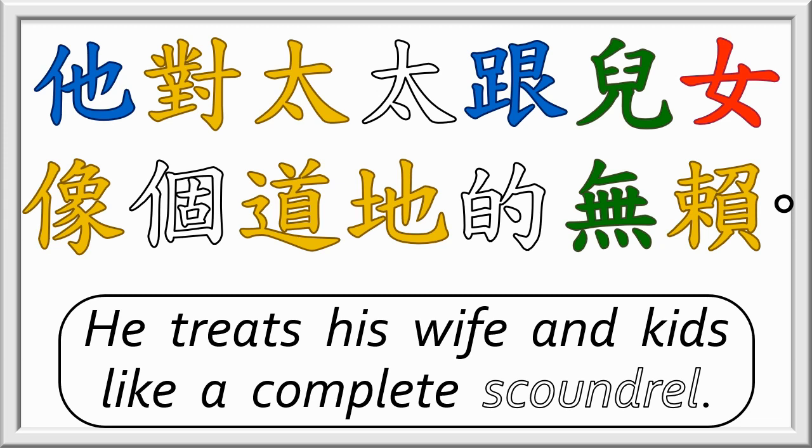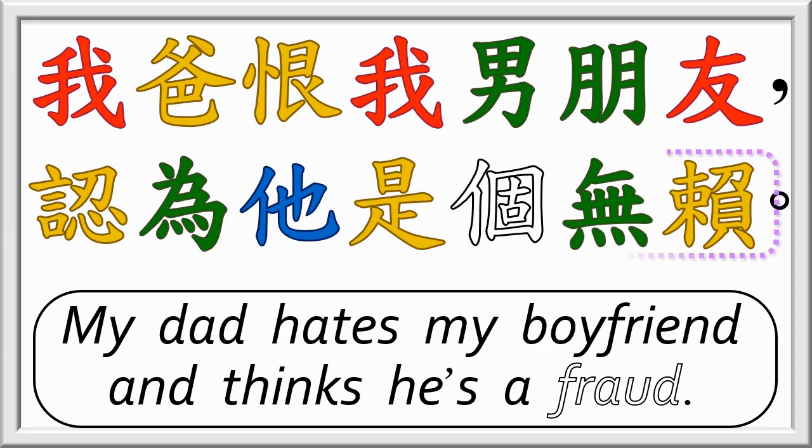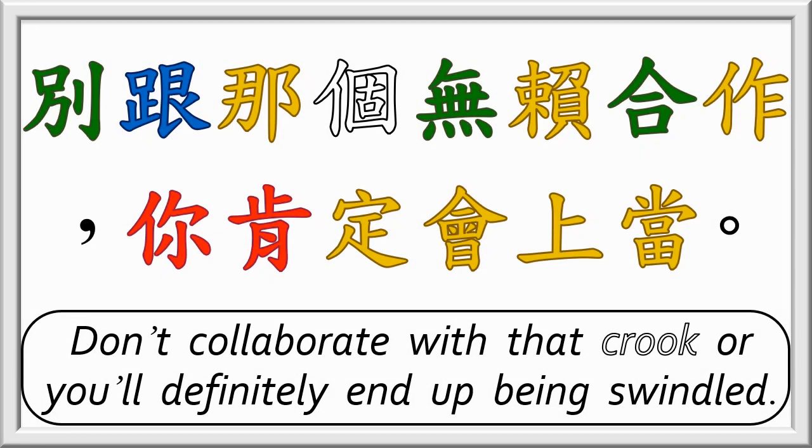He treats his wife and kids like a complete scoundrel. 我爸恨我男朋友，认为他是个无赖. My dad hates my boyfriend and thinks he's a fraud. 别跟那个无赖合作，你肯定会上当. Don't collaborate with that crook, or you'll definitely end up being swindled.